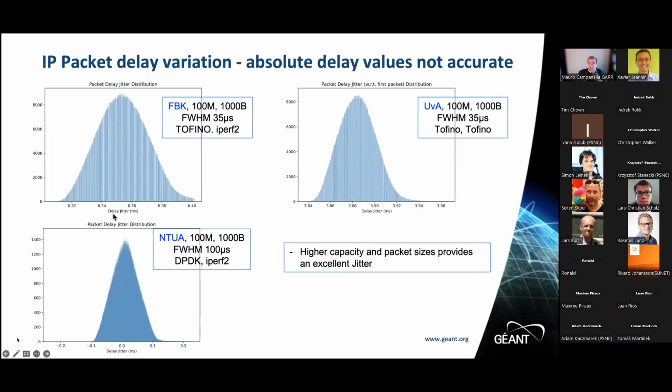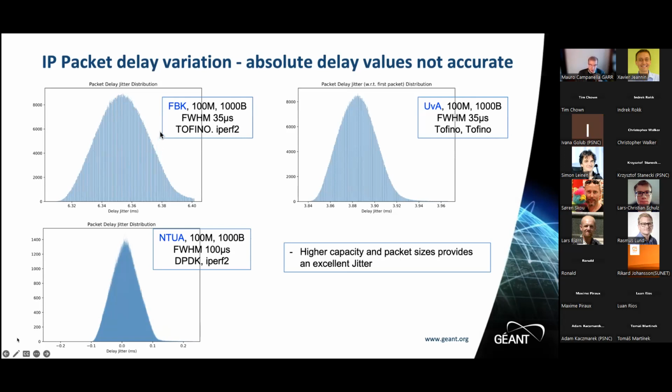Now we go to 100 meg, 1,000 bytes, and the situation is even better, which is the normal situation, I would say, of a flow in internet today. I would say that this is reduced to about 35 microseconds.